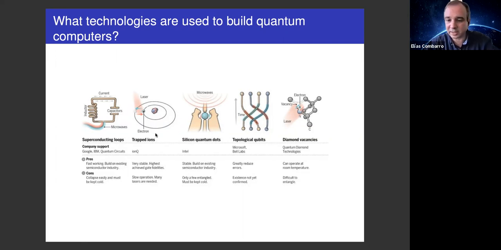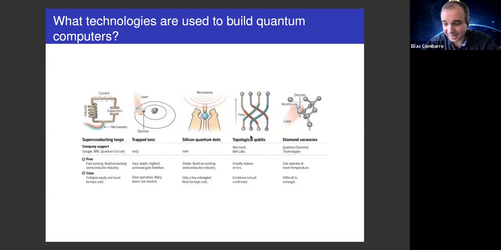But this is a technology that has been developed and has seen some advances in the past few months. Okay. Another technology that is quite interesting but has some problems is the technology that is called topological qubits. That is being investigated, for instance, by Microsoft. They have invested a lot of money in investigating this technology. And the good thing about topological qubits is that they are protected against error. So you don't need to use these quantum error correcting codes.